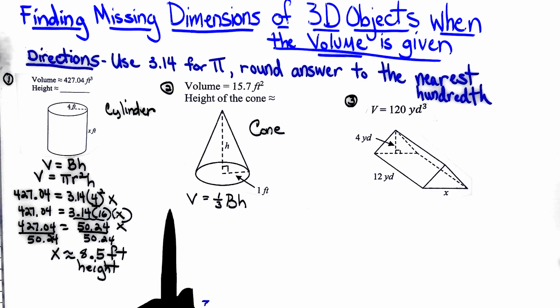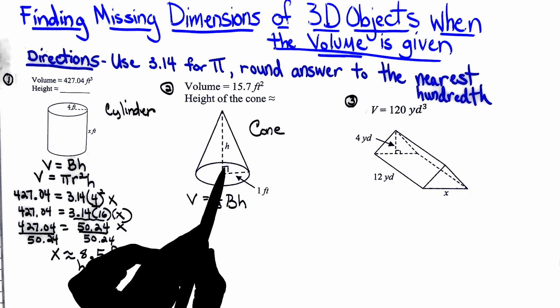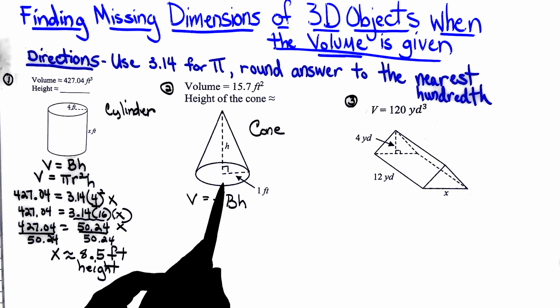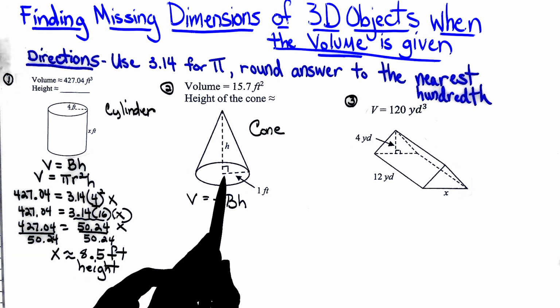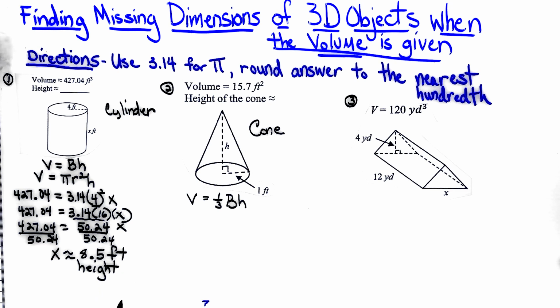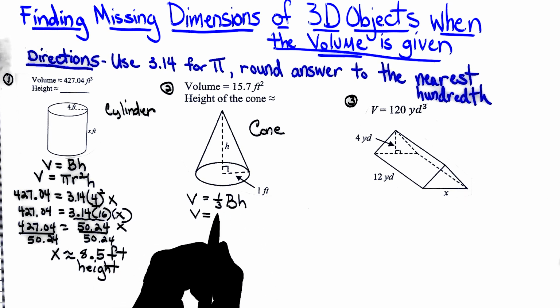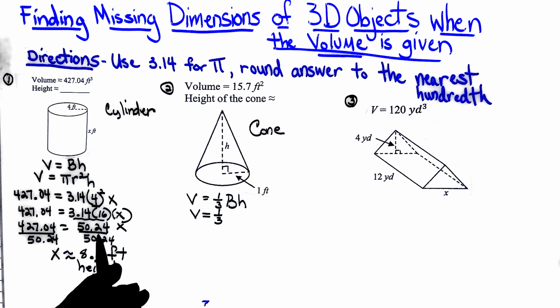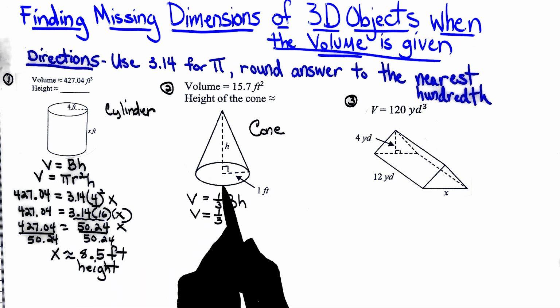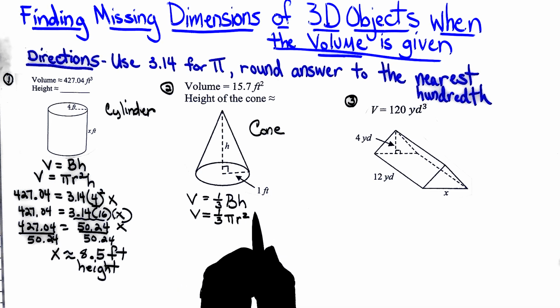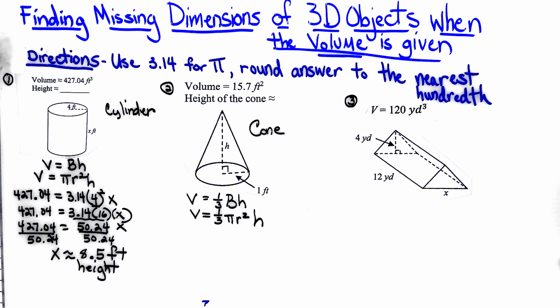And again, I see that they're asking us for the height of the cone. Well, we know that it's this dimension because it hits the base at 90 degrees. So I'm going to, again, substitute in: volume is equal to, here's my 1/3, but now my base is circular just like this was. So it is pi r squared and h.